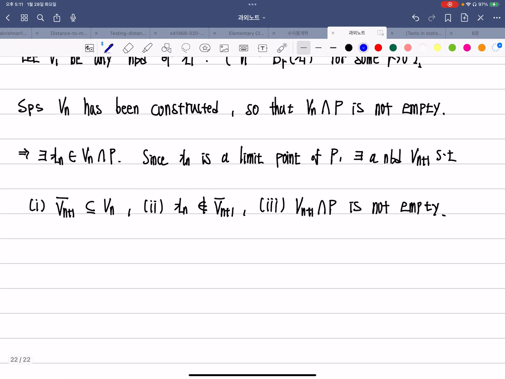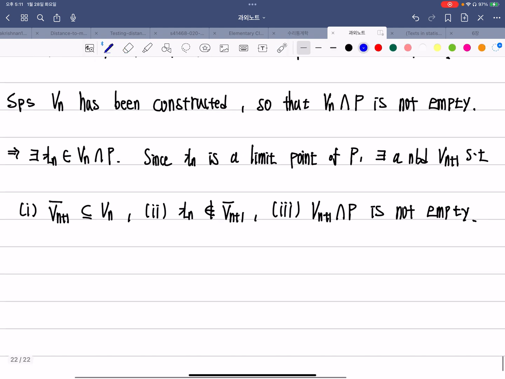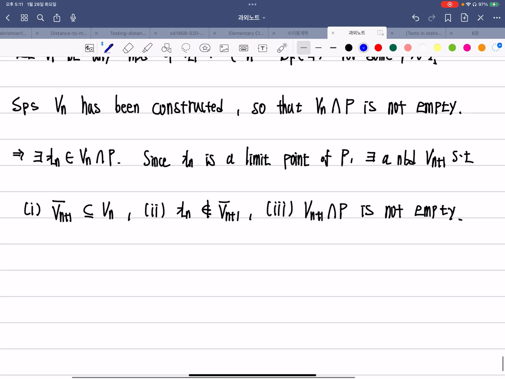Because Xn is a limit point of P, any neighborhood of Xn has an intersection with P which is not empty.